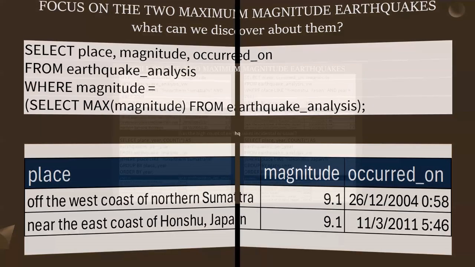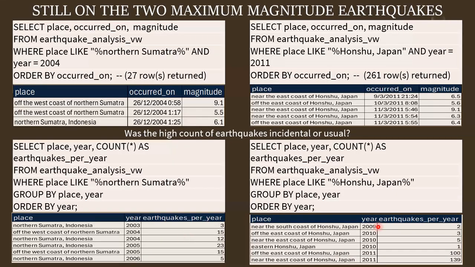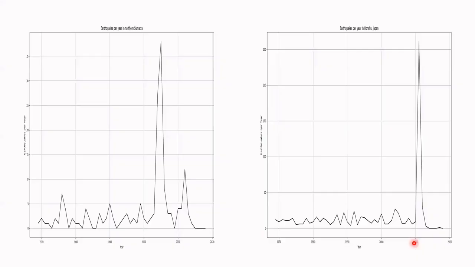We see these numbers for Northern Sumatra and these numbers for Honshu, Japan. In pictorial form, for a place where earthquakes never get up to more than 10 in a year, Northern Sumatra had more than 35. And for Honshu, Japan, the number rose to 265 for that year, all attributed to that singular magnitude 9.1 earthquake.